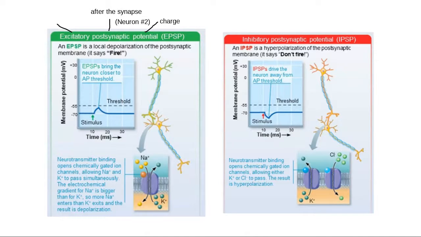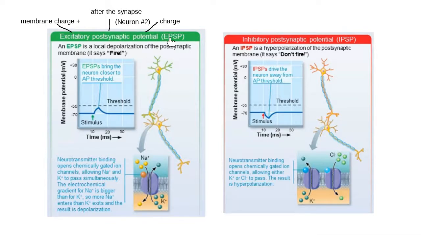We are getting excited to talk to our neighbor. So excitatory postsynaptic potential: excitatory, we're getting more positive; postsynaptic, in neuron number 2, my receiving neuron, and we're talking about its charge.